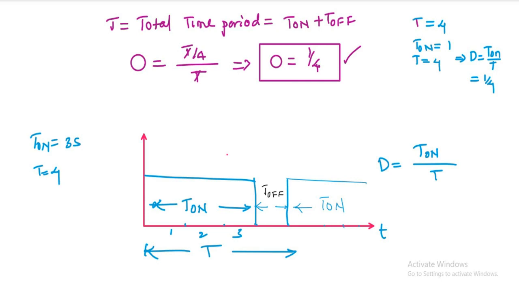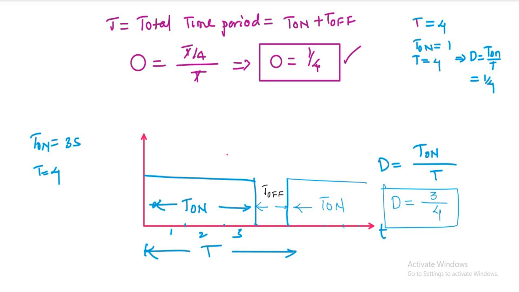Now we are going to find the duty ratio for this cycle, where T on is 3 seconds and the time period is 4 seconds. So the duty ratio for this turn on period is 3 by 4.